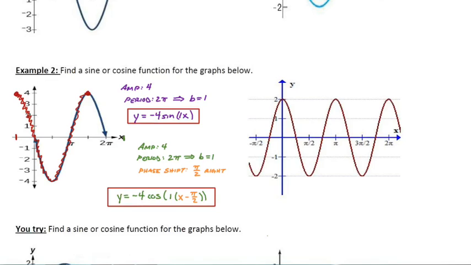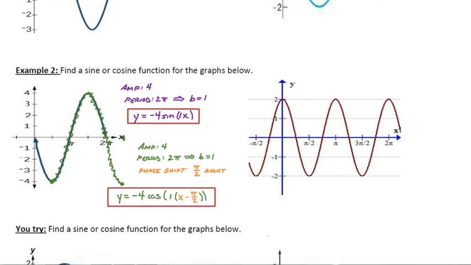Notice that it is still a period of 2 pi, still has an amplitude of 4, but now if I think about what this would look like as an equation, it would be a phase shift to the left, pi over 2. So it would have the same amplitude, same period, but this equation would have a positive coefficient because it's starting above the midline and going down, and have a phase shift to the left of pi over 2, but I'm not going to write that equation.